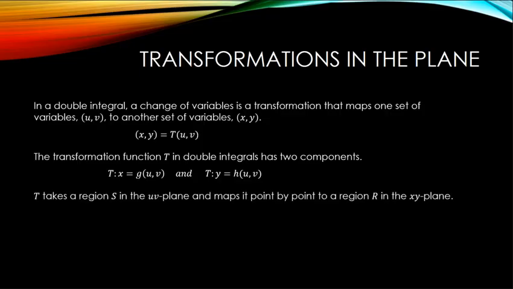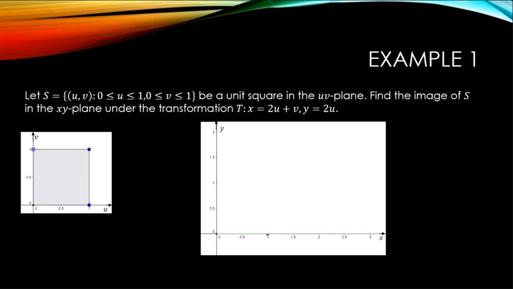T takes a region S that exists in the uv plane and maps it point by point to a region R that exists in the xy plane. We can express it as R = T(S), and we call R the image of S under T.